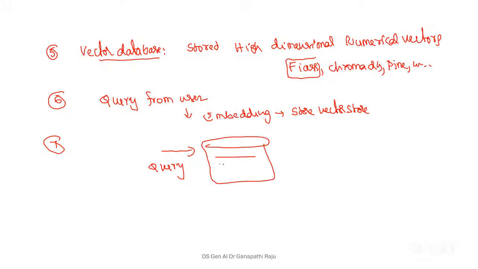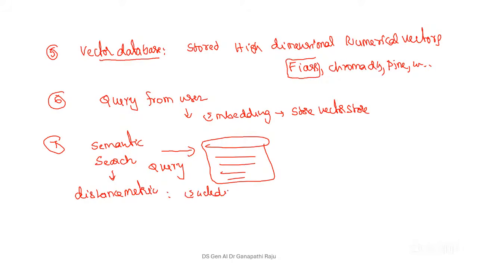So in this step, we are doing semantic search. I'll discuss how semantic search is done with the help of distance measures, distance metrics, like Euclidean distance or cosine similarity and so on.